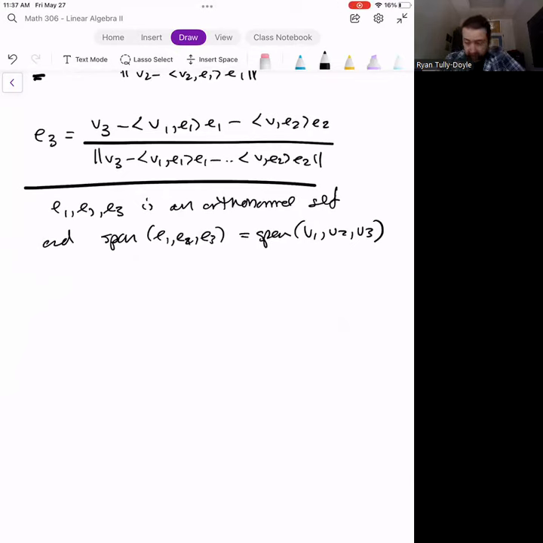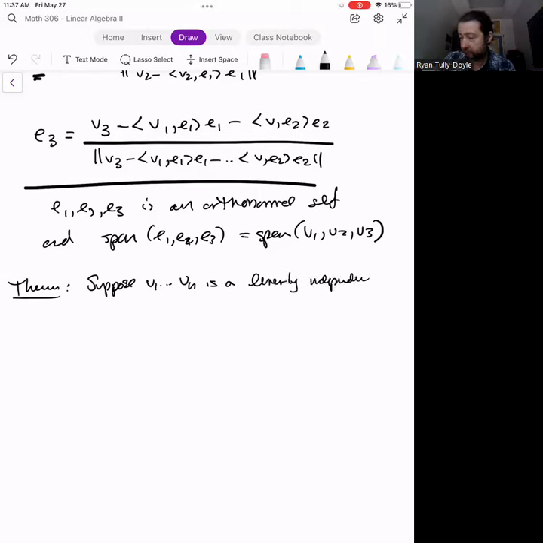So here's what the whole theorem says, the way that Axler states it. Suppose V1 up to Vn is a linearly independent list of vectors in V. Let E1 be equal to V1 divided by the length of V1.